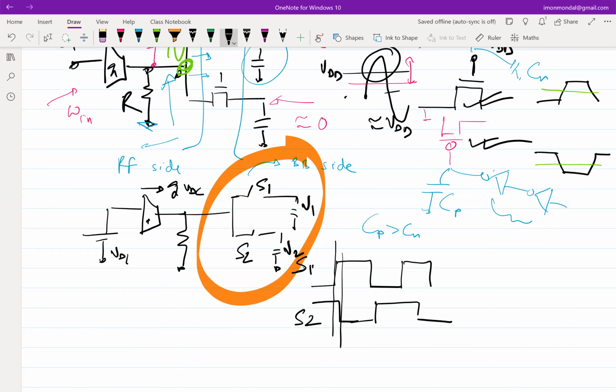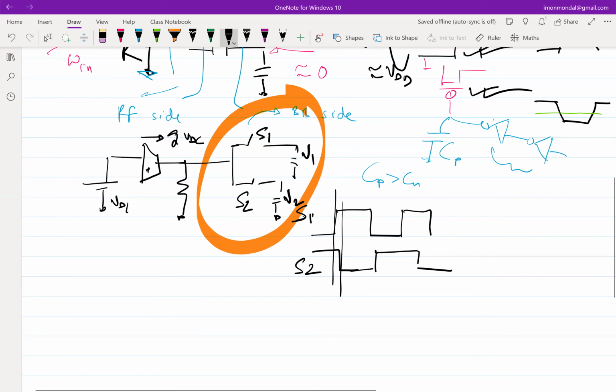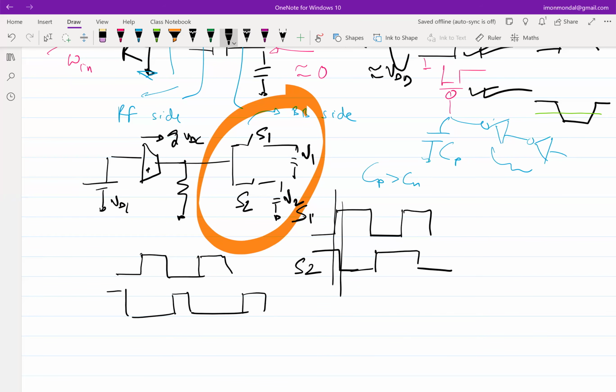Let's say it's the other way around. It doesn't share, but it goes like this. Non-overlapping, and not by a small amount, but a significant amount. Then what can be a problem?